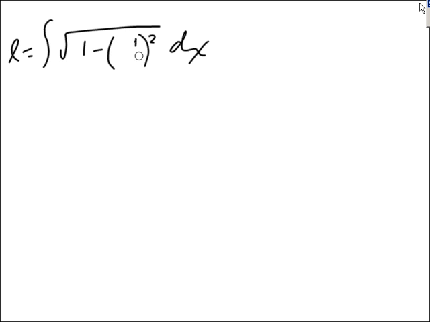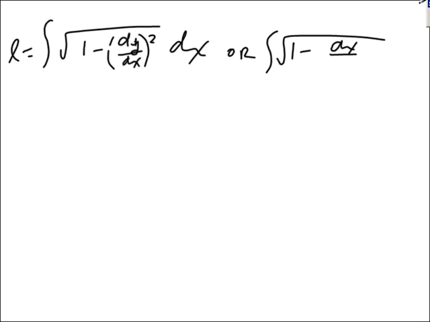Well, that's one formula. But maybe it's not easy to find dy dx. You can interchange dy and dx. What if you have the square root of 1 plus dx over dy squared, dy? Okay, you can interchange dx and dy. Go back to the original proof I gave and argue that through.